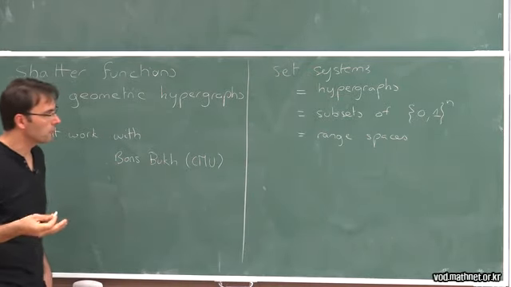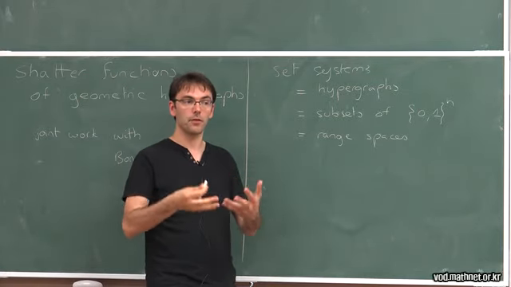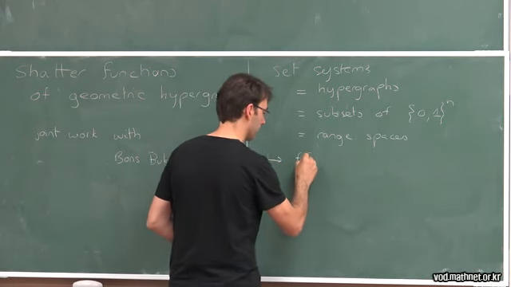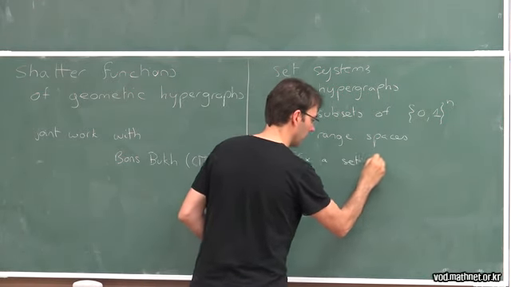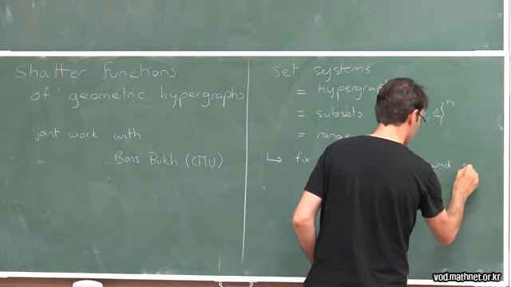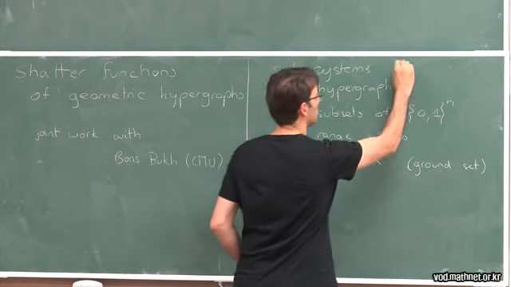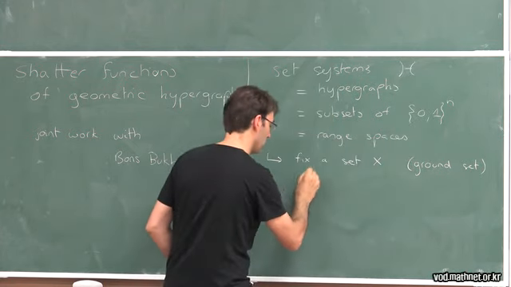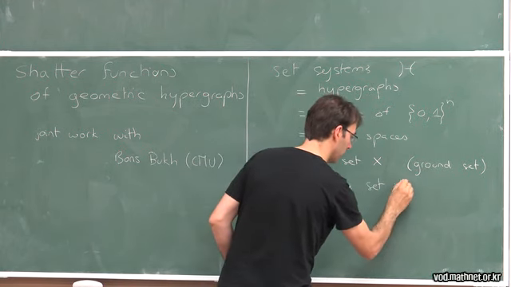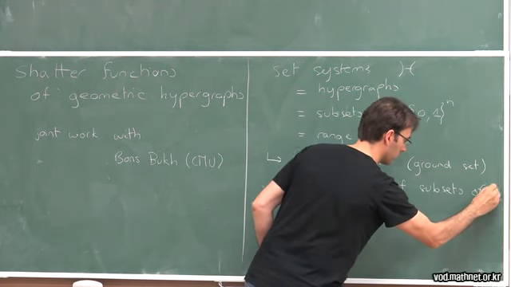And all these words always mean the same thing. It's just a collection of subsets of a given set. So you fix a set X, a ground set, and your set system H is a set of subsets of X.